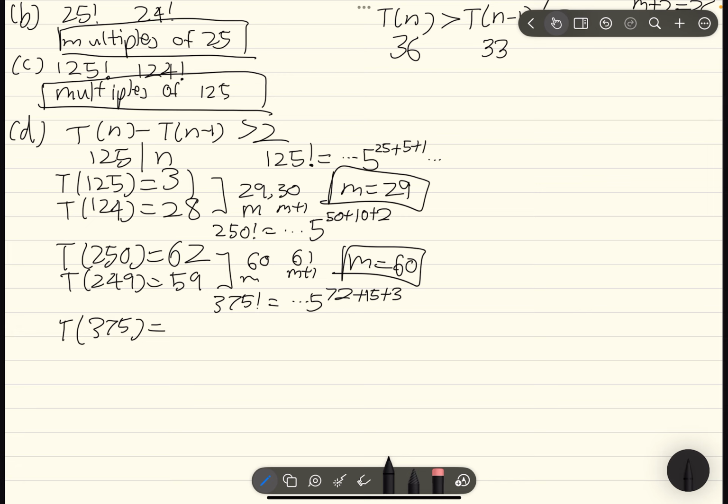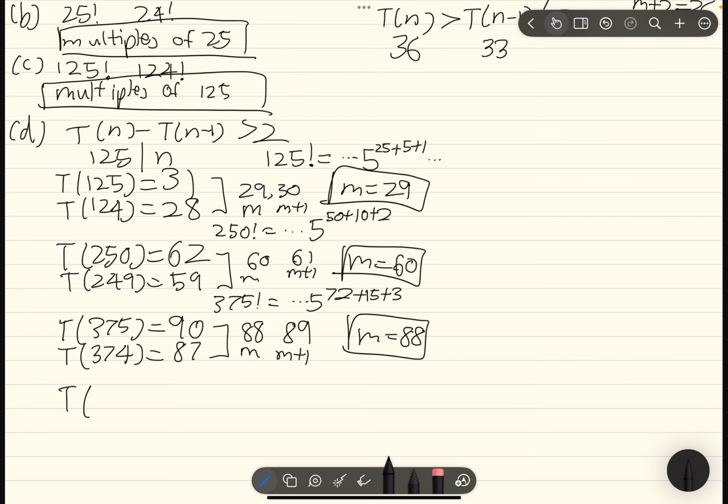So T375 would give us 75 plus 15 plus 3, which is 93. And then T374 would give us 74 plus 14 plus 2. 74 plus 14 is 88, plus 2 is 90. So we skip the numbers 91 and 92, and these numbers will never exist in the function T. So there will never be 91 or 92 terminal zeros in n factorial. So this is m plus 1, m is 91.